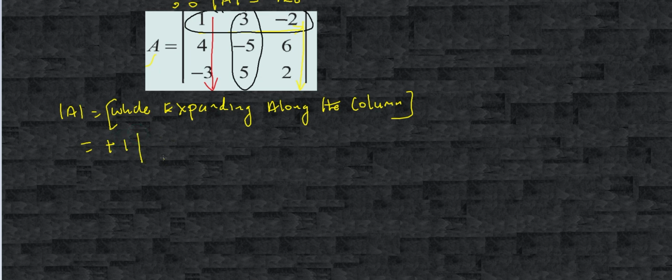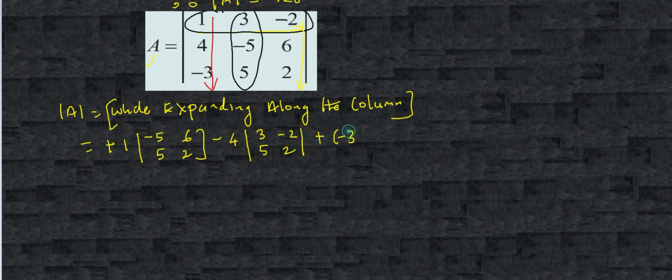It has to be preceded with a positive sign, so I place a plus there. Leave the elements in its row and column. So we would now have negative 5, 6, 5, and 2. It's expansion along the column, so that's going to be negative, followed by the element 4. Then leave the elements along its row and column. So that's going to be 3, negative 2, 5, and 2.